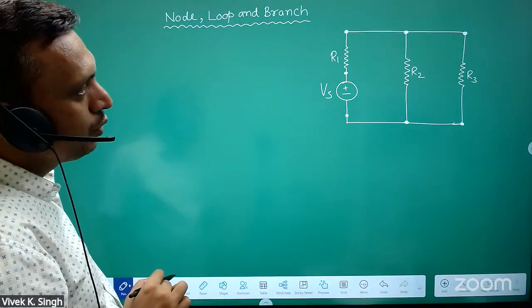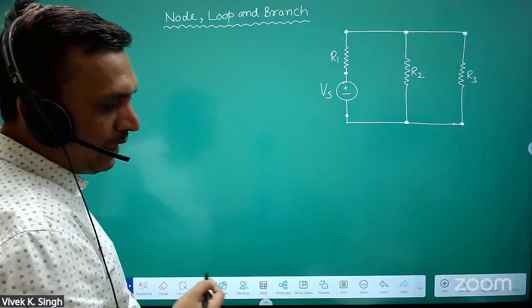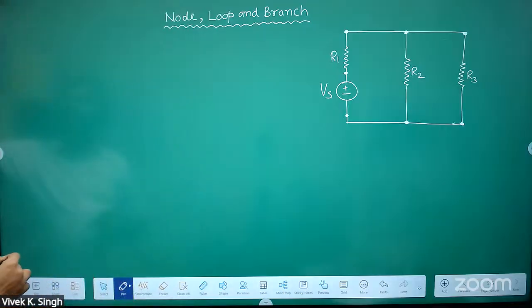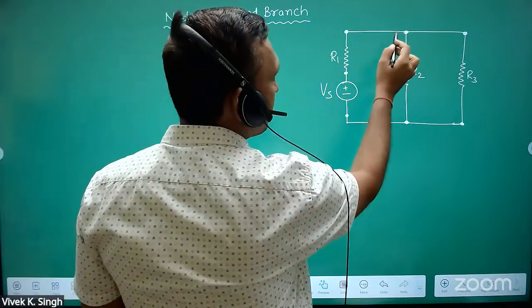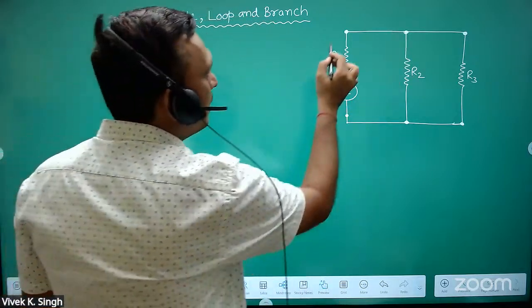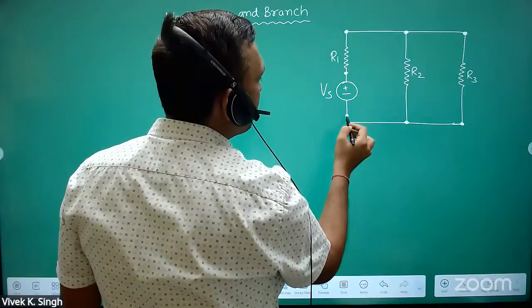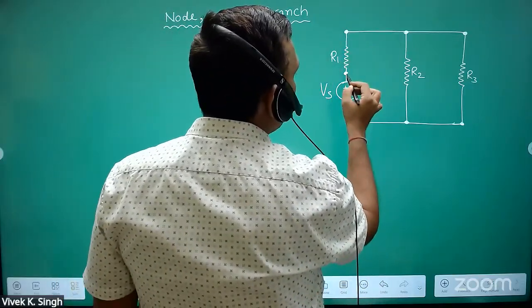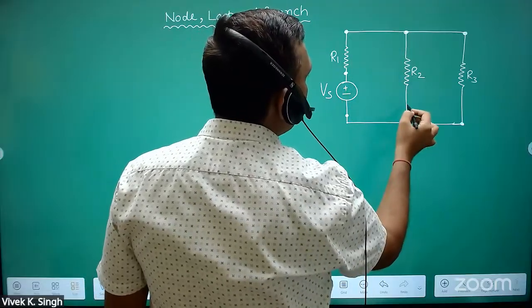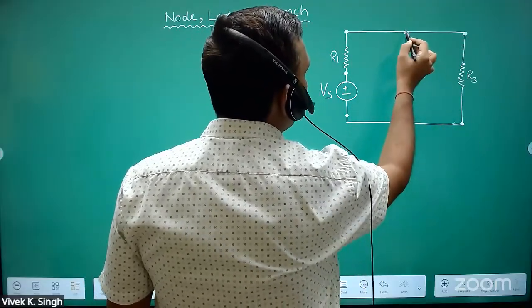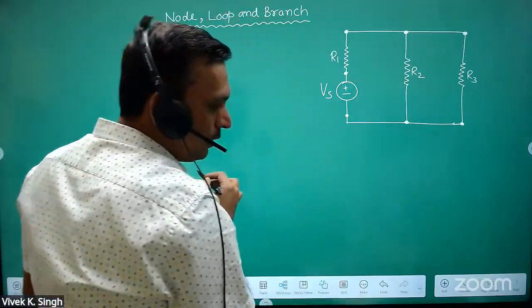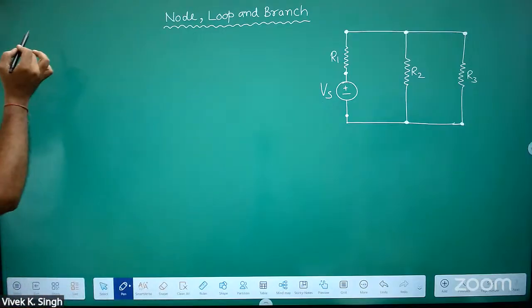So when two or more elements are connected, then their common point is called as node. Just see, this is one element, this is another. So this is one node. Now this is one element, this is another element, this is another element. So this common point is another node. Okay? So node, what is a node?